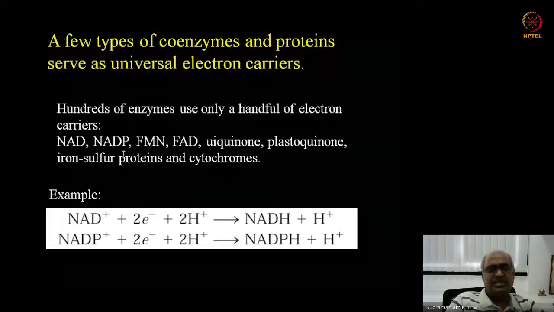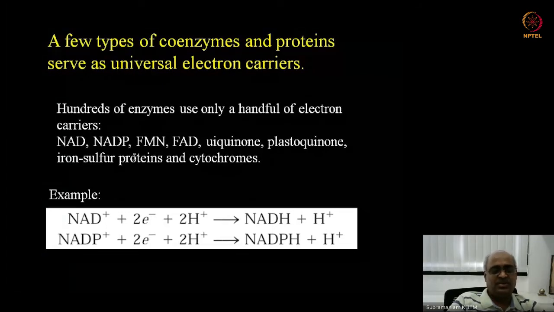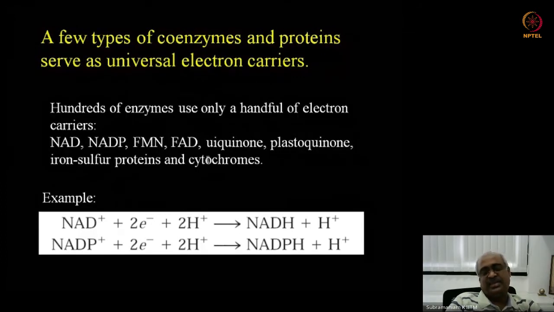Then iron sulfur proteins, they have a cluster of iron and sulfur ions coordinated in the proteins, and they help in electron transfer. We will see this when we go to the electron transport chain. And then cytochromes, these are proteins, like pigments.